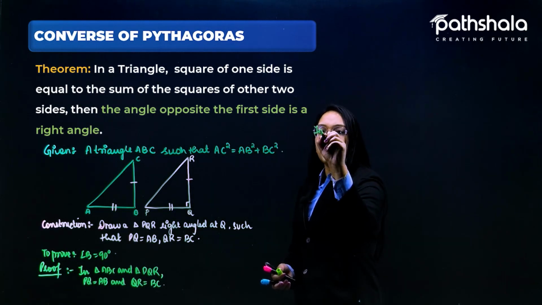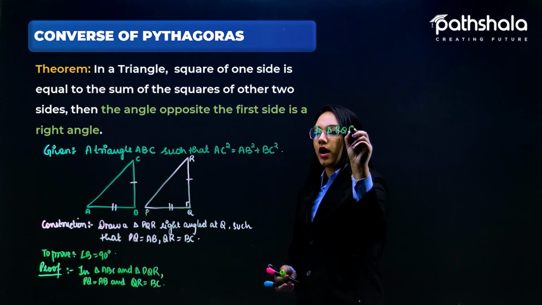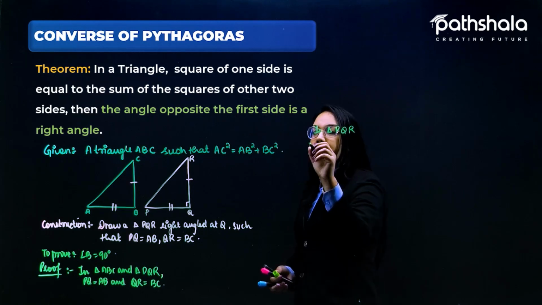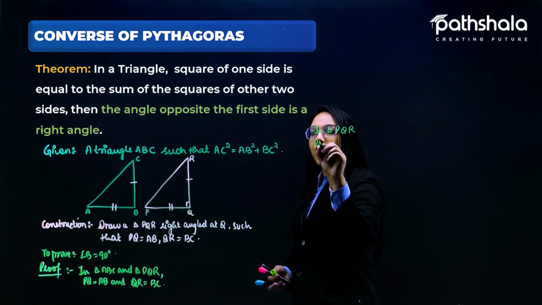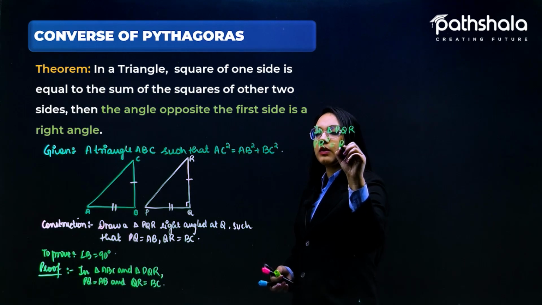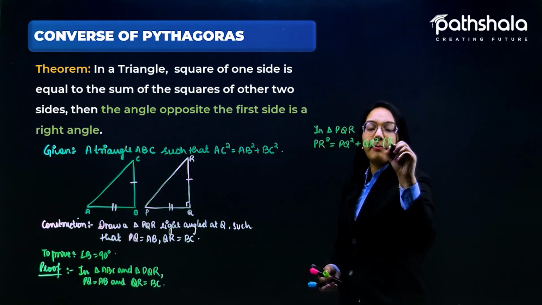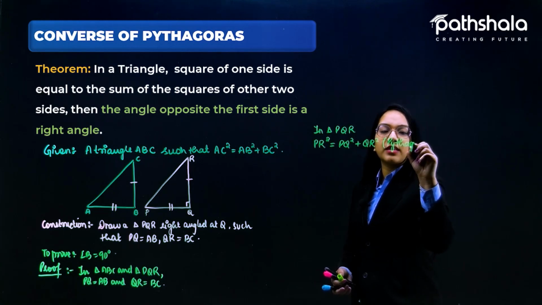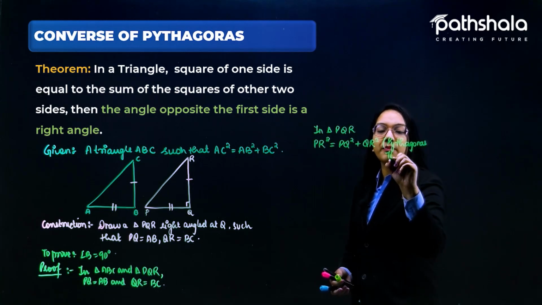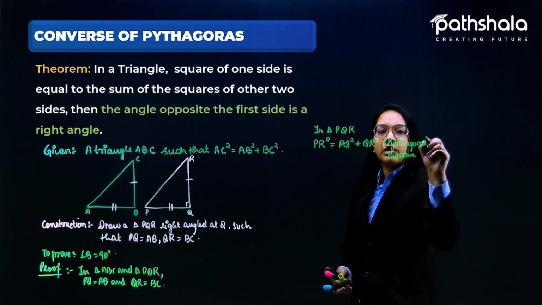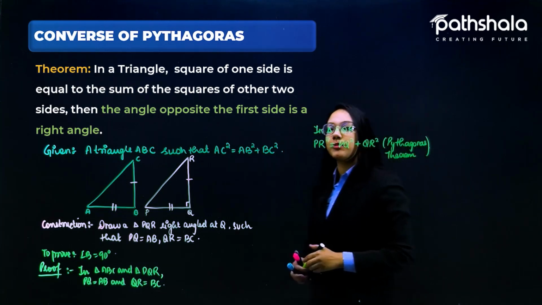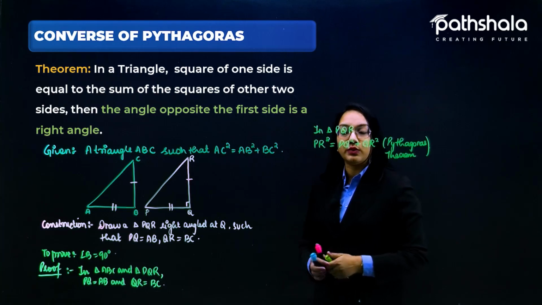In the triangle PQR we can apply the Pythagoras theorem, and we can say that PR square is equal to PQ square plus QR square. This is by the Pythagoras theorem, that the square of the hypotenuse is equal to the sum of the squares of the other two sides.